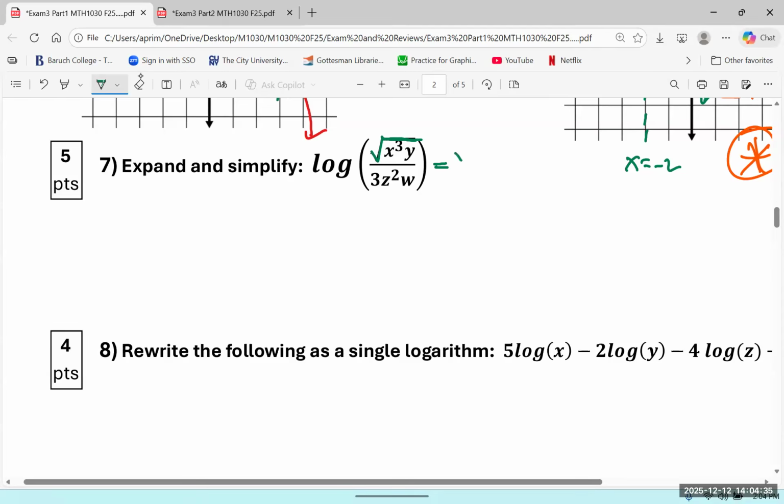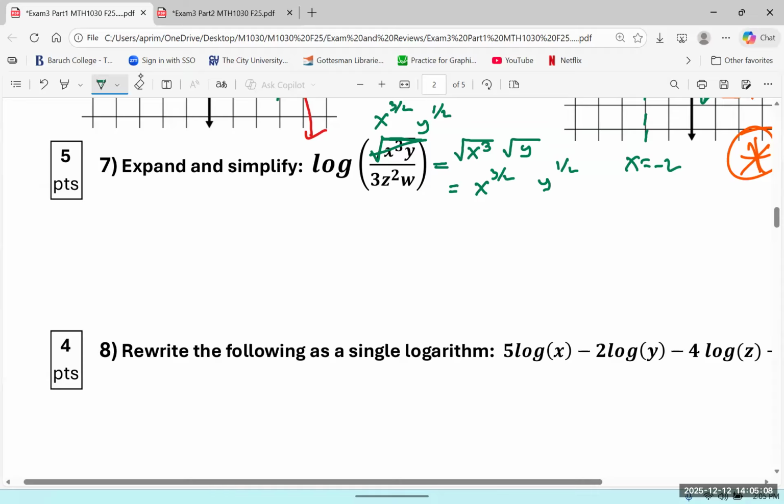So you break them down. Under one radical, you have x cubed, and under another radical, you have y. So we get x to the 3/2 and y to the 1/2. So the numerator becomes x to the 3/2 and y to the 1/2.